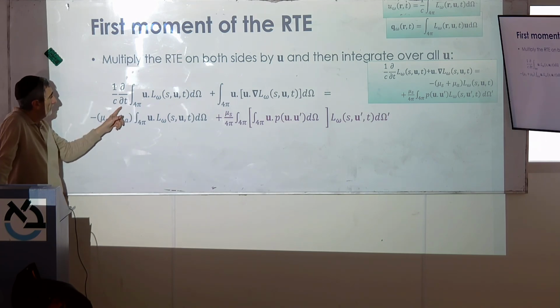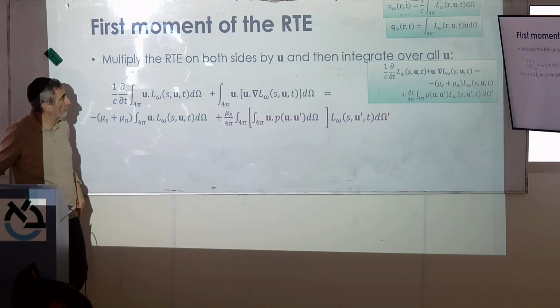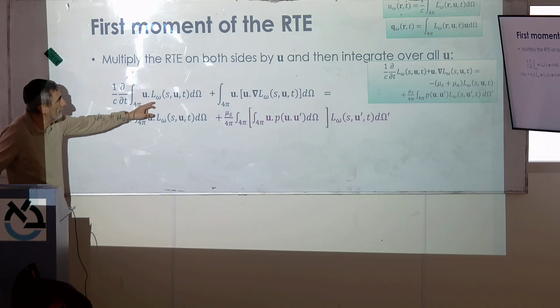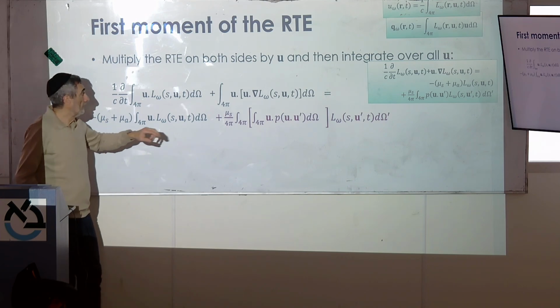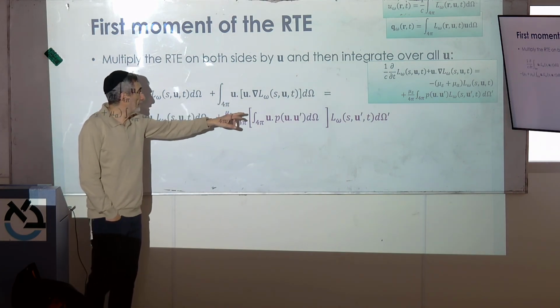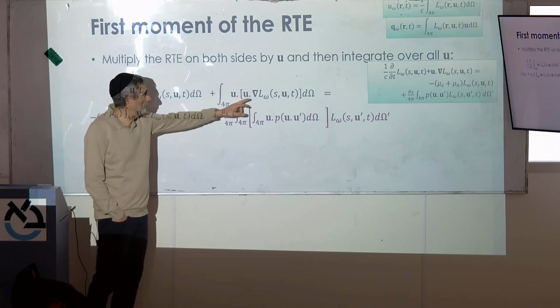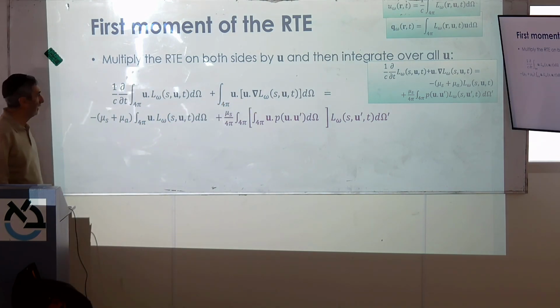By doing that, in the first term you recognize Q, the radiative flux: U times L, integrated over all space. The second term is the complicated one: integrate over all space U times U, nabla of L, d omega.